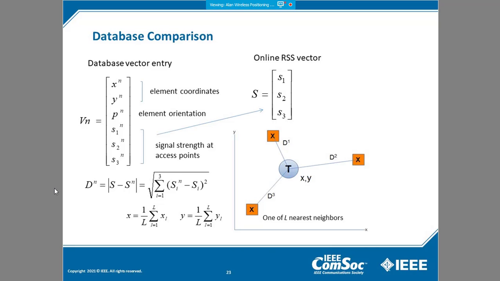Let's say we have a database, and here we have a value of n from 1 until the number of different values in the database.